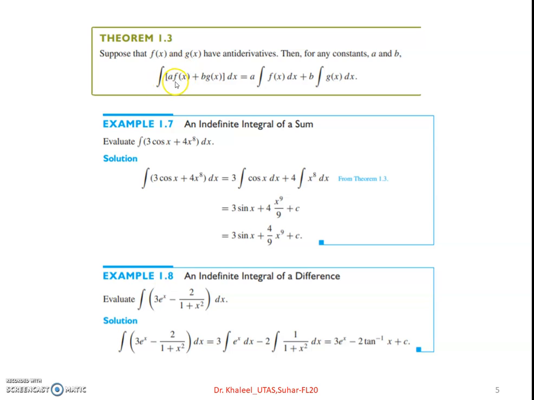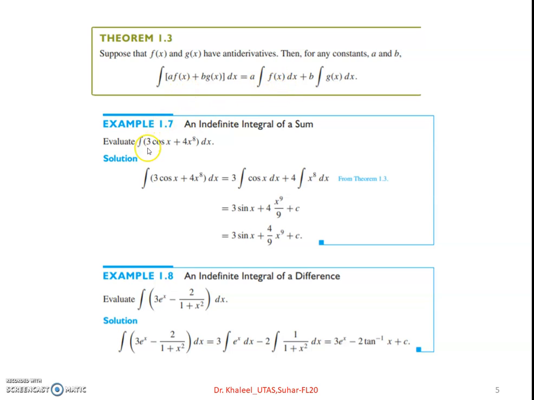This is the linear combination of functions with numbers, and when you are finding the integration of this, the number comes out. So a and b are the numbers here. The number comes out of the integration and you integrate only the function.